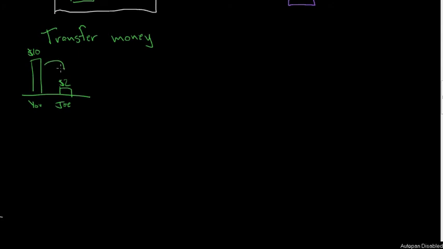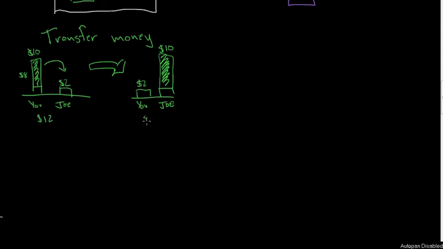If you transfer some money from you to Joe, let's say you transfer $8, then afterwards, no surprise, you'll have $2, and Joe will have the $2 he had before, plus the $8 that he got from you, and he'll have a total of $10. And you notice that in this case, the total amount of money stayed the same, because here we had a total of $12, here we had a total of $12.